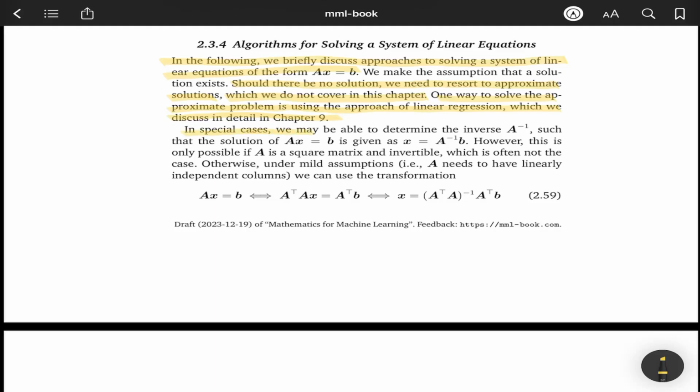In special cases, we may be able to determine the inverse such that the solution of Ax = b is given as x equals the inverse times b. Okay, that makes sense. So if you plug the x into Ax = b, then you will have A times the inverse, which is just the identity matrix, which means it's a nothing burger.